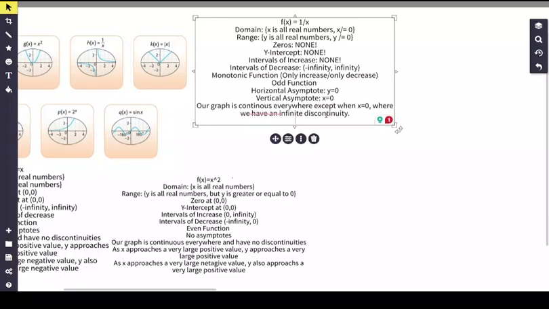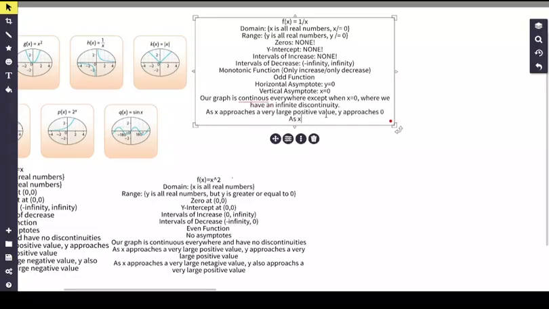Let's talk about the x values approaching large values. As x approaches a very large positive value, 1 over a super large value is eventually going to be 0. So y approaches 0. And as x approaches a very large negative value, 1 over a super large negative number is still negative, but close to 0 again.